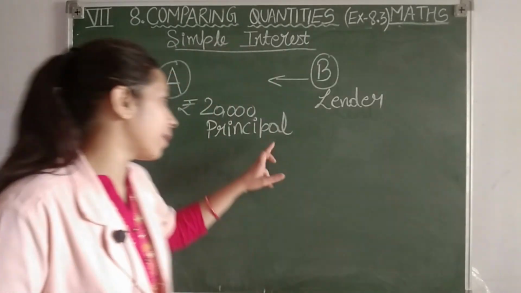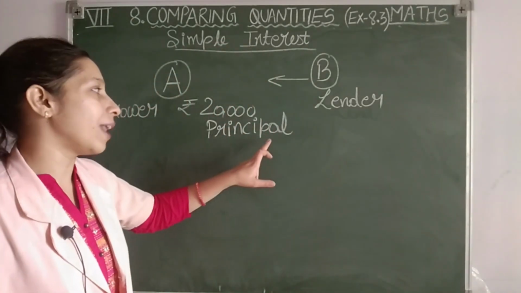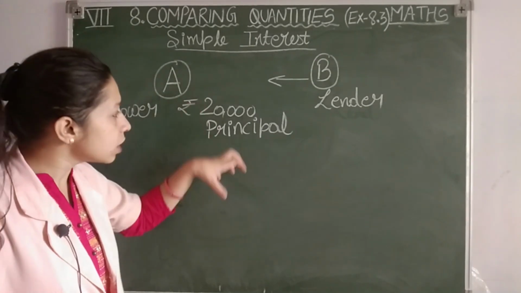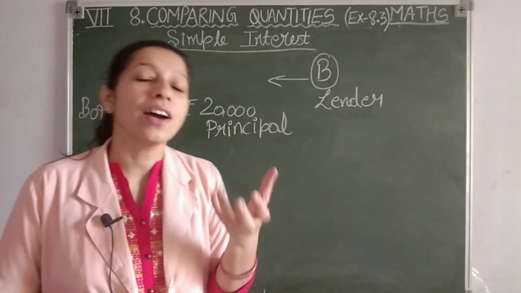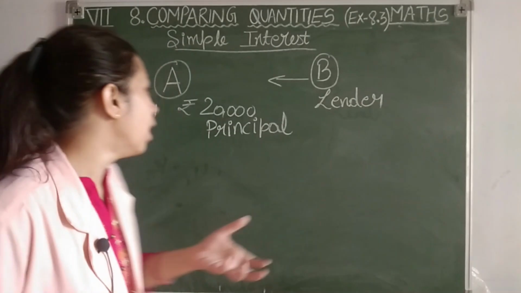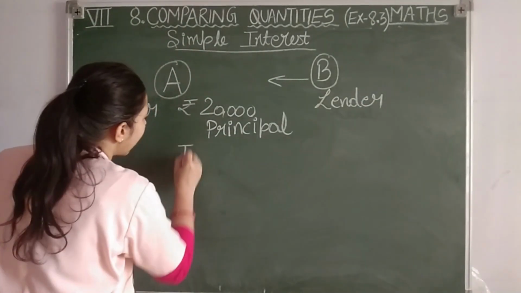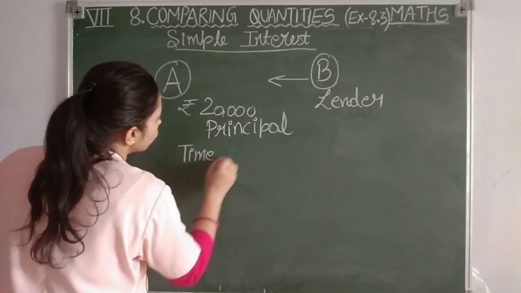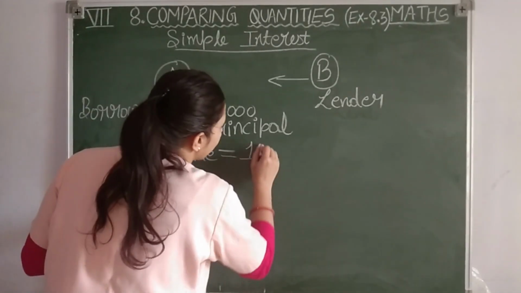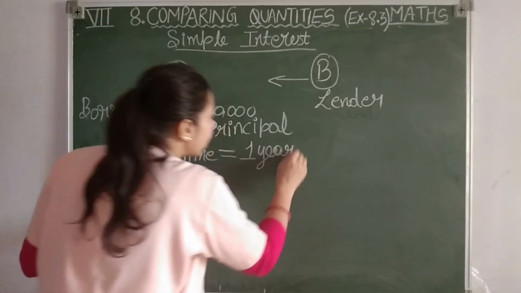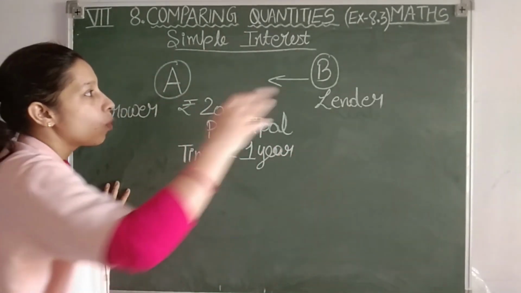Here see the spelling of principal, P-A-L. So this principal means the actual amount. Clear, students? Okay, the principal here is 20,000 rupees. Time: how much is the time for which A is going to use B's money? Time is 1 year. In return, A will be giving some more amount to B.